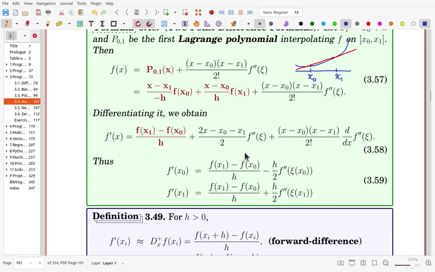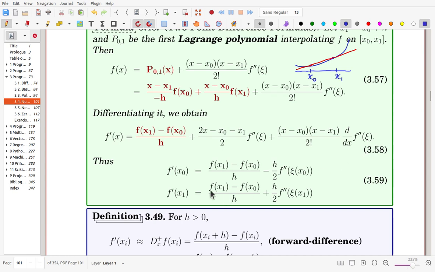Now, from this equation, we try to evaluate the derivative f prime at x0 and x1. So if we are using x0, then we have this term, and for this one, once x equals x0, then this will be 0. Of course, when x is x1, also it will be 0.